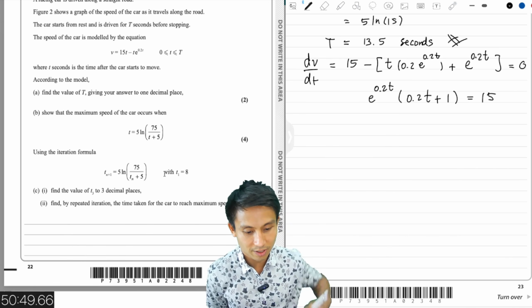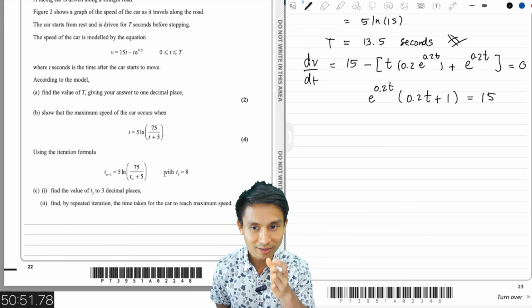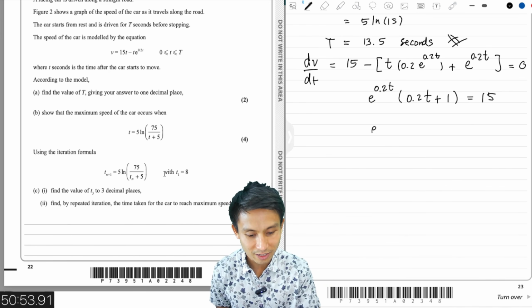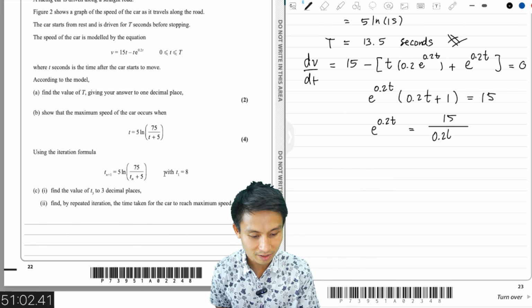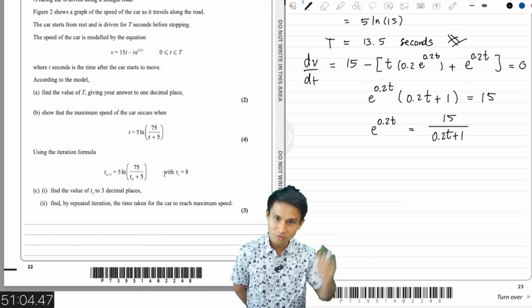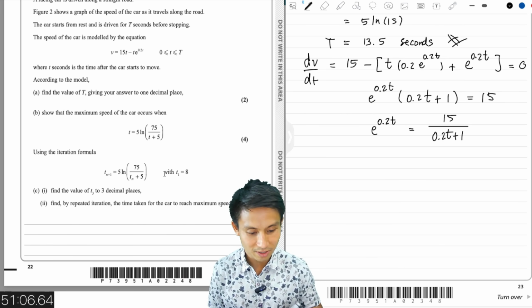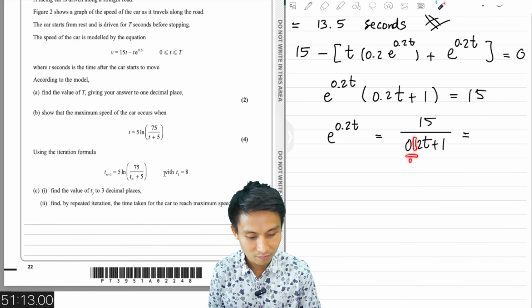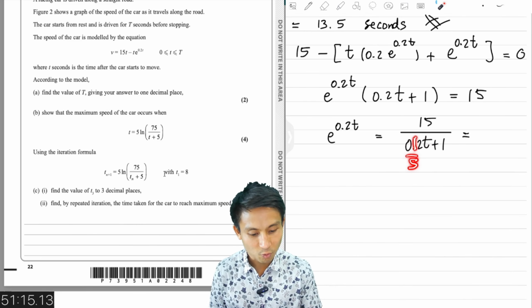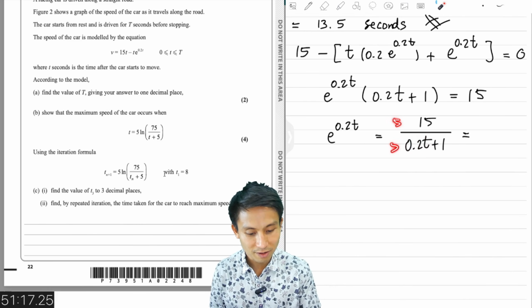Because there is an ln there, I need to move this to the other side so that I can take the ln, and it would make the e disappear, like this. And then when we take ln, it's going to work. Now, we probably have to simplify the fraction here first. So the 0.2t here is actually 1 over 5, right? So if I have 1 over 5 here, I'm going to multiply by 5 on top and bottom.